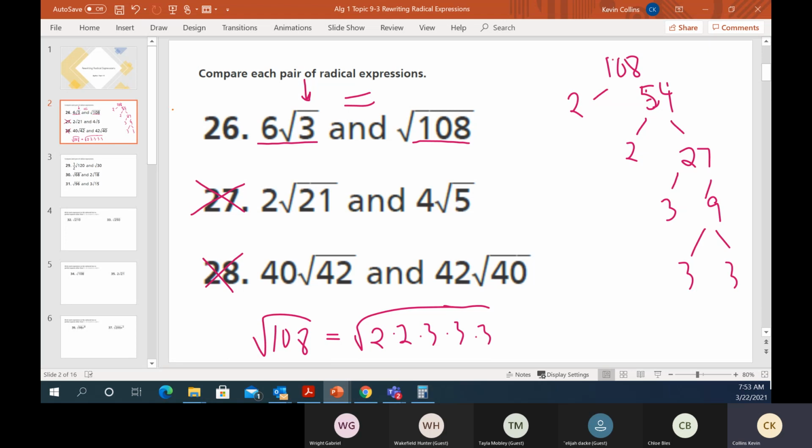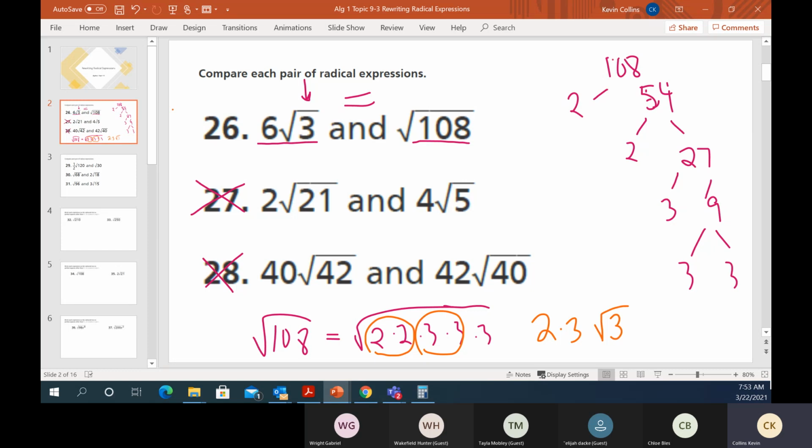Okay, so the only way they can leave the house is in pairs. I got a pair of 2s. So that means a 2 comes outside the house. I got a pair of 3s. That means a 3 comes outside the house. And I've got 1 extra 3. He can't come out because he's not in pairs.